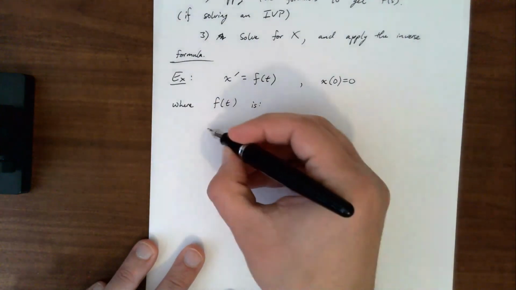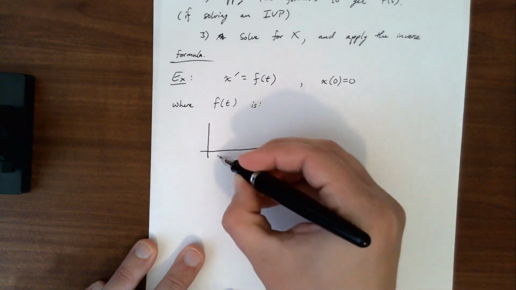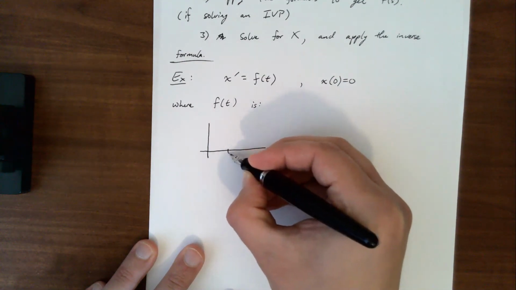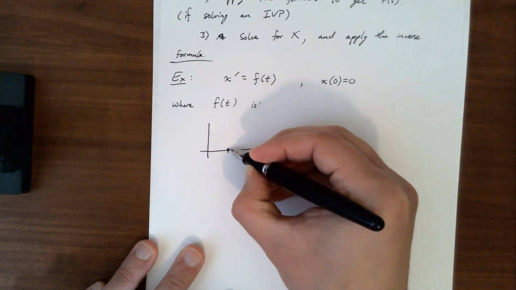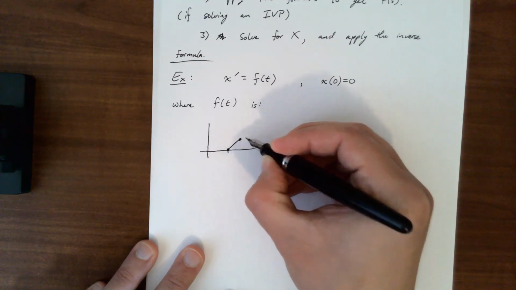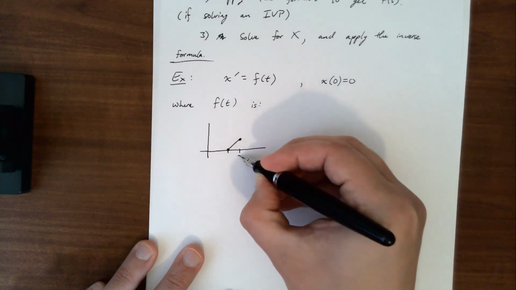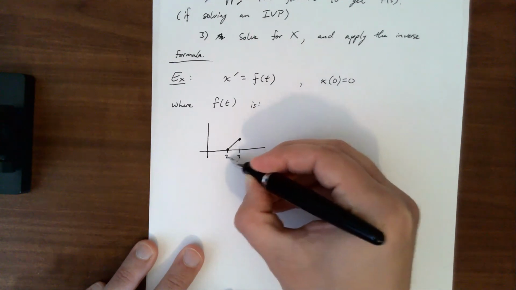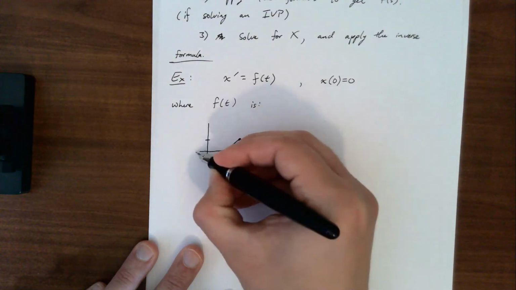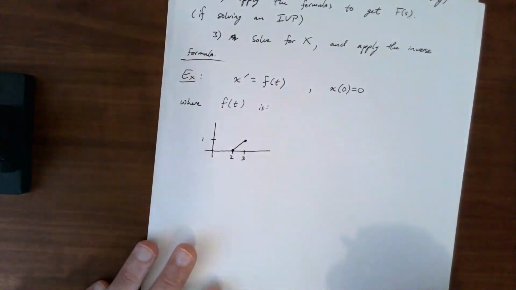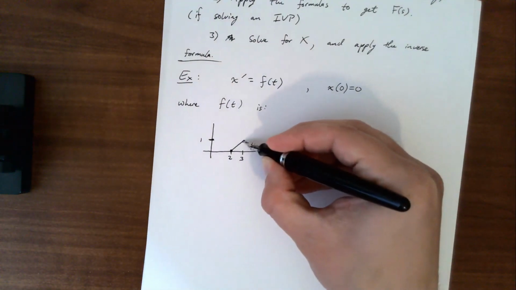And so the way it's going to look is it's going to be nothing, nothing, nothing, nothing until t equals 2. And then it's basically a little line segment, and we'll just say slope of 1. This is 2, 3, and this is just a slope of 1, so that means that y value would just be 1 there, or I guess x value, technically, since this is t.